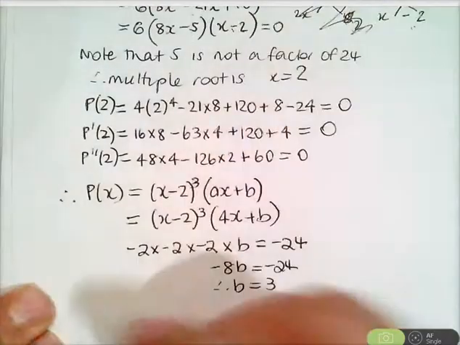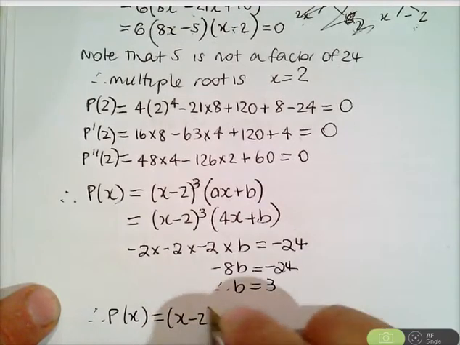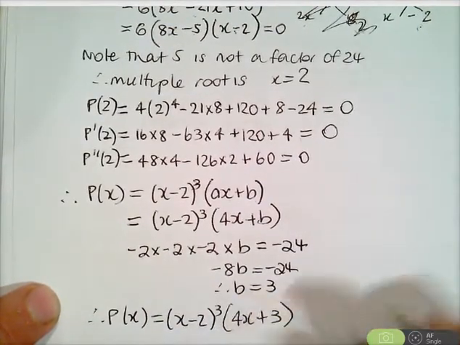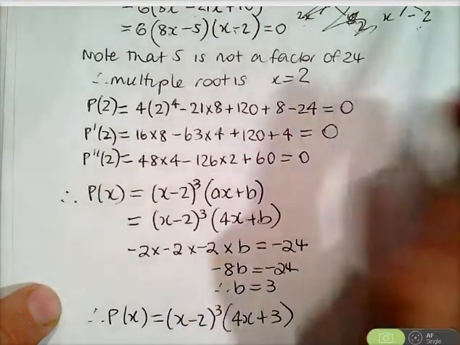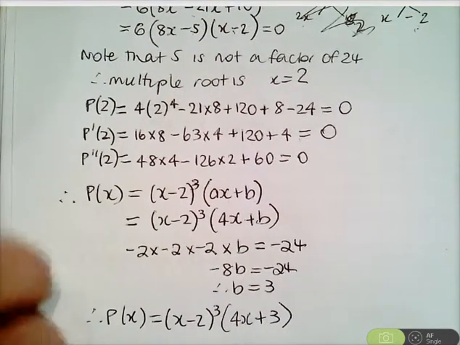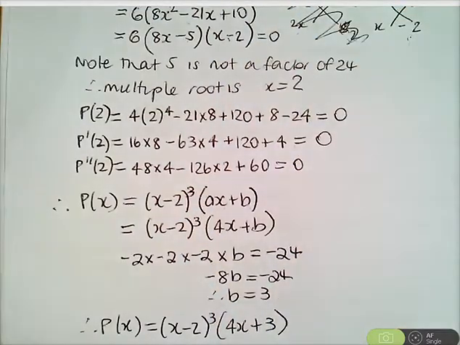And so therefore your polynomial in x is x minus 2 cubed times 4x plus 3. Okay? So we've just been asked to factorize that. And if you were asked to solve it, you would get your solutions are x is 2, 2, 2, and negative 3/4 as your solutions to that polynomial if it was actually put equal to 0, but it's not.